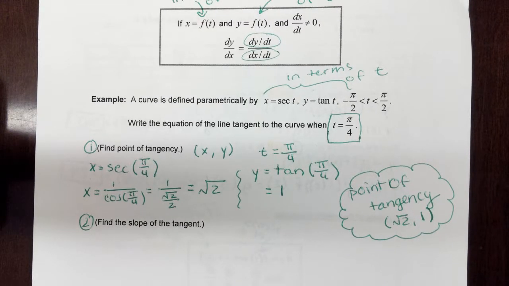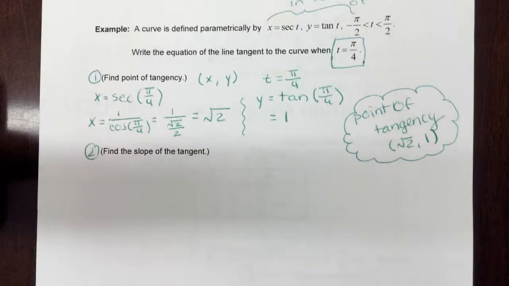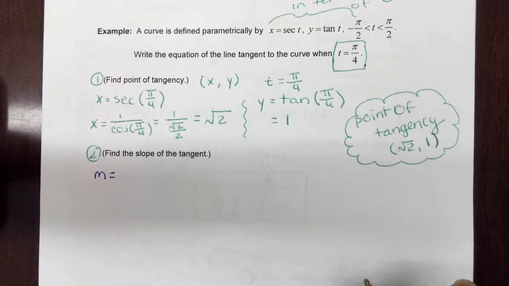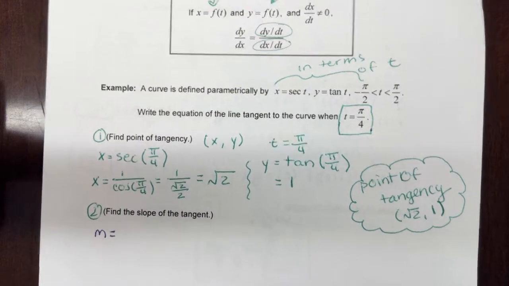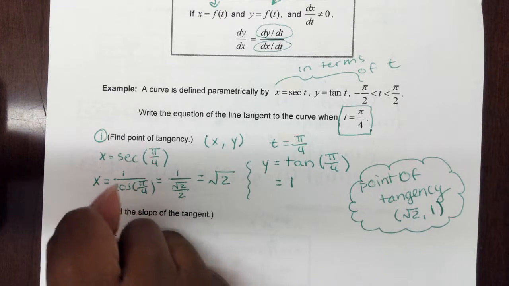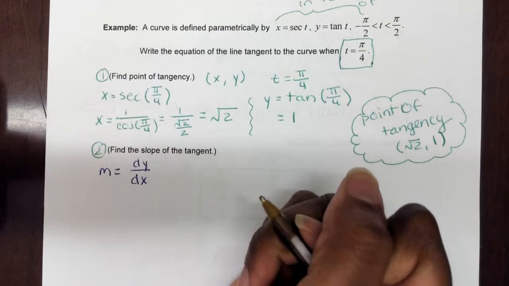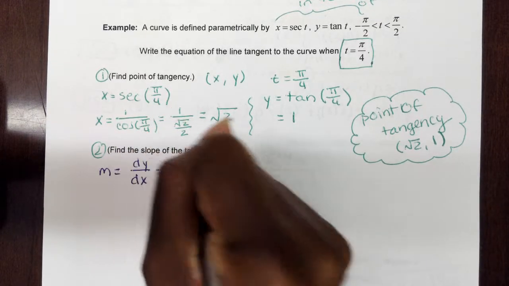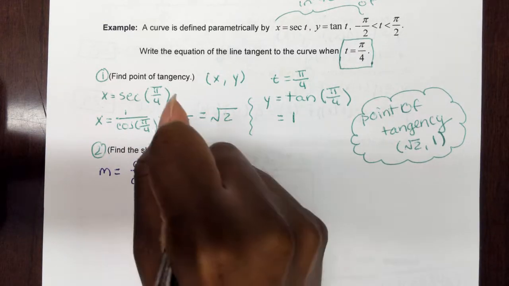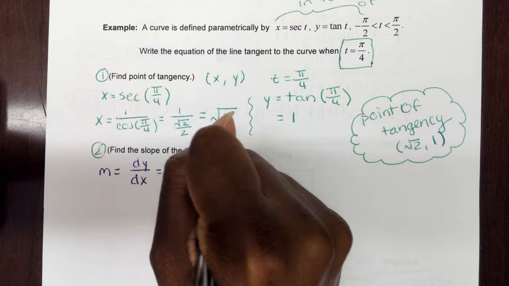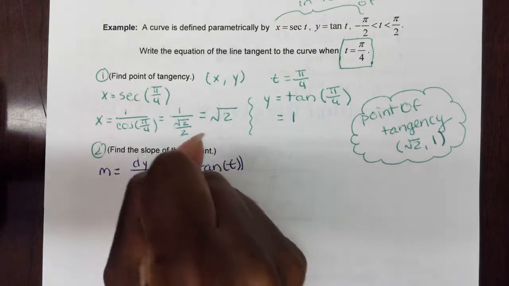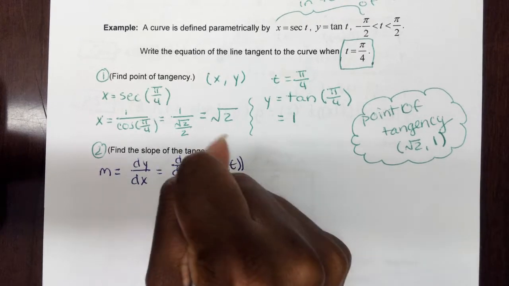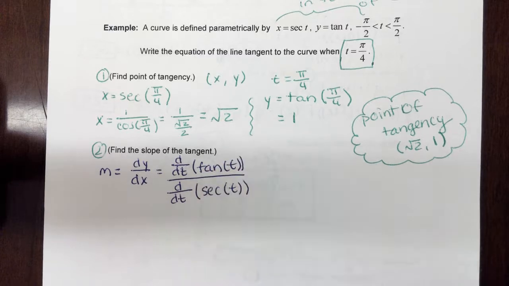Okay. So the next is to find the slope of the tangent. So we know the slope is the derivative, and to find the derivative from the rule above, that's going to be dy/dx, which means the derivative of y, which is tangent of t, over the derivative of x, which is secant of t.